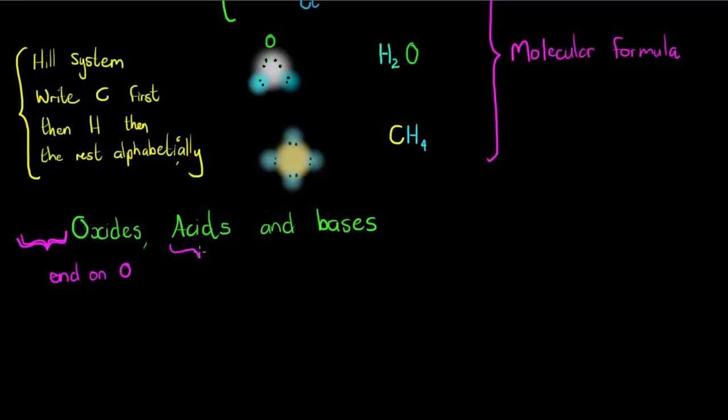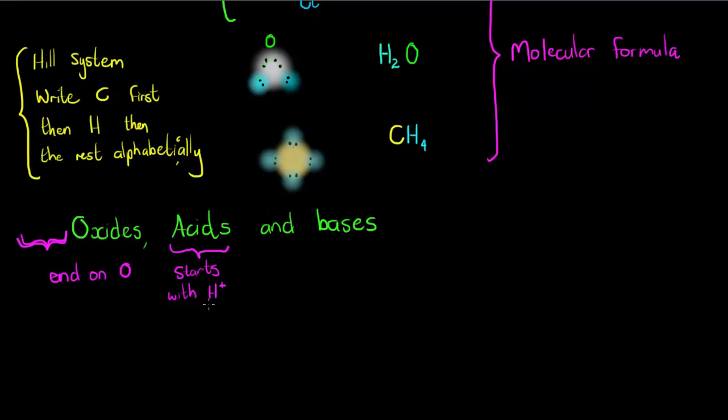Acids, you might think you know what acids are, but later we'll learn the formal definition of an acid. But an acid generally starts with H. Now H, if it lends out the one valence electron that it has, will have a positive charge.